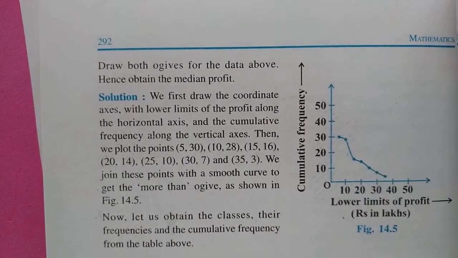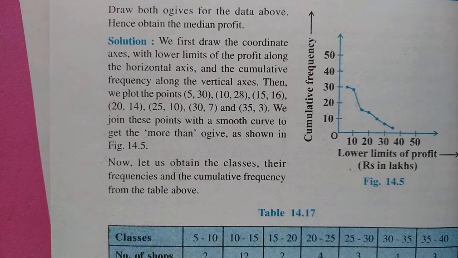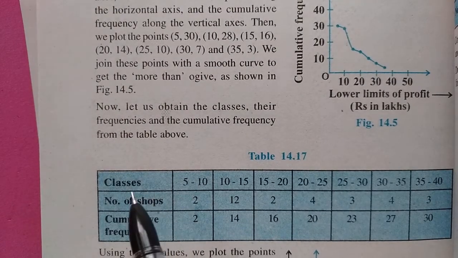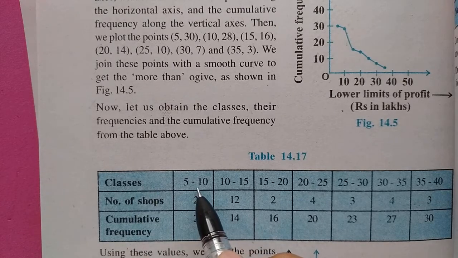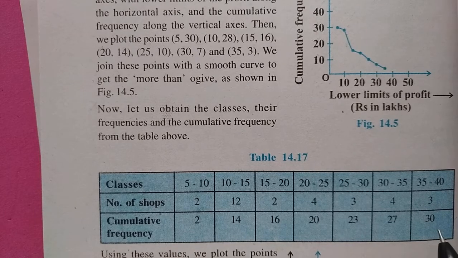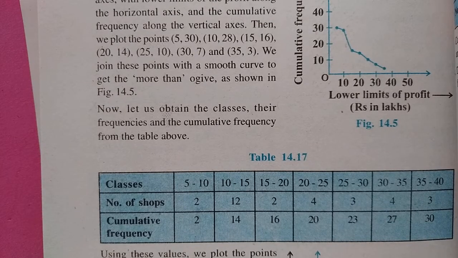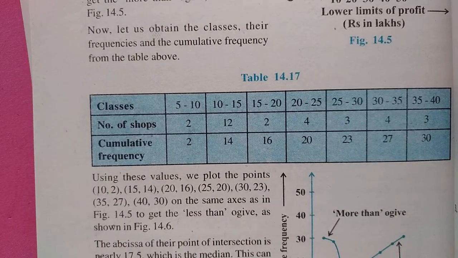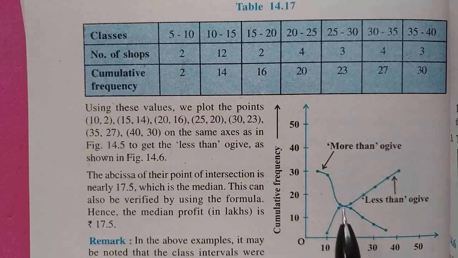And here, now children, in the question the more than type is given, and from that we have to obtain these classes. Okay, frequency is already given and cumulative frequency we have obtained here. Now children, from this we have drawn the graph. This is the answer, children, the drawn graph.